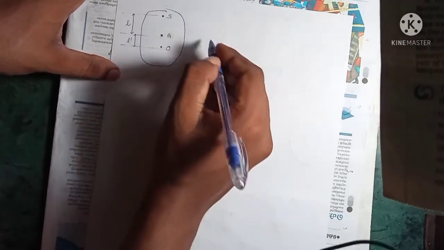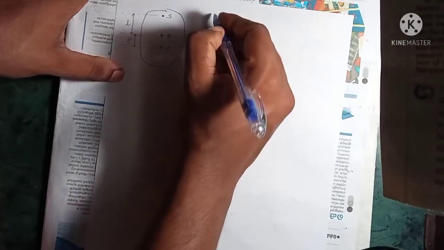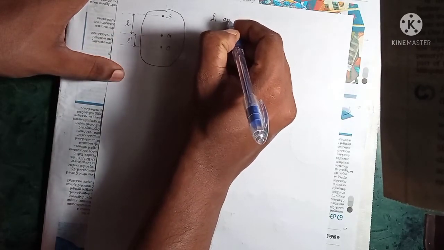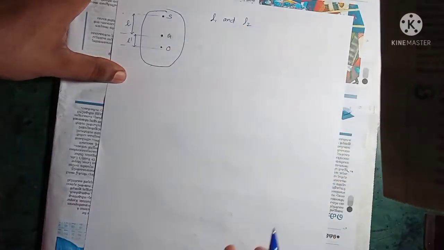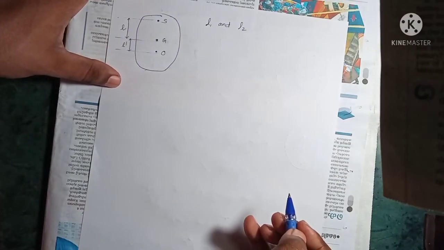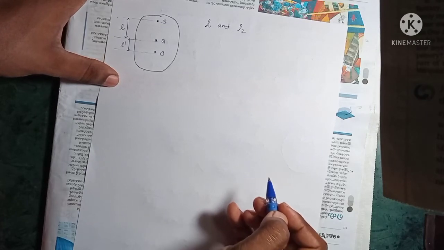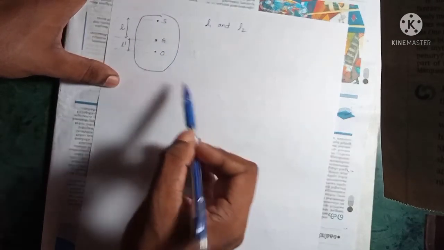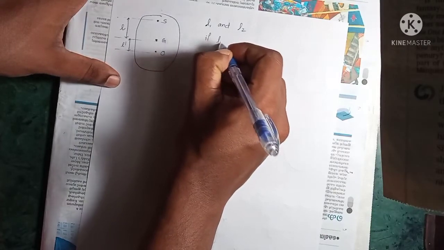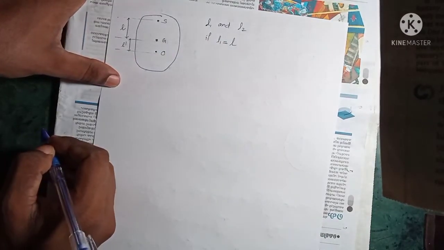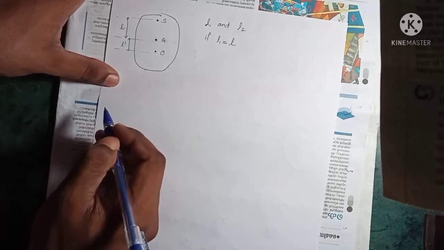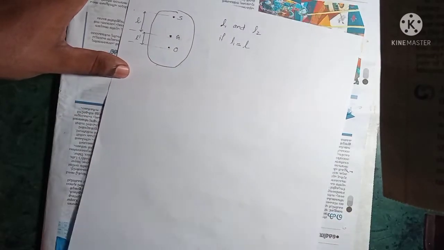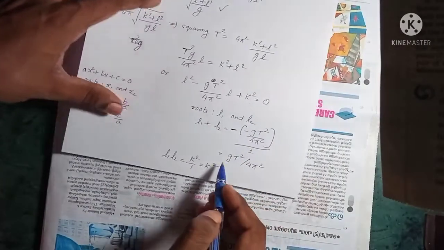Now we have two more points, L1 and L2, which have the same time period as these points. So suppose we take L1 equals L, and we know that the product L1 L2 equals K square.